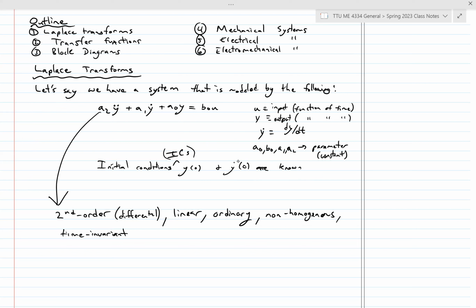So can we predict our output if we know our input? And if yes, how? And if not, why can't we?